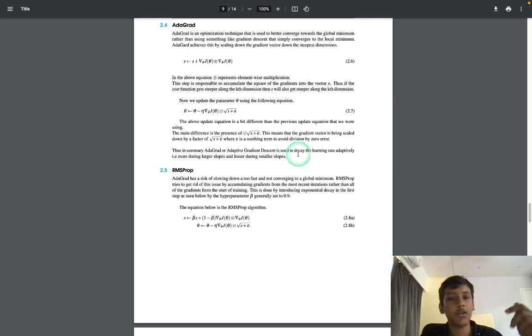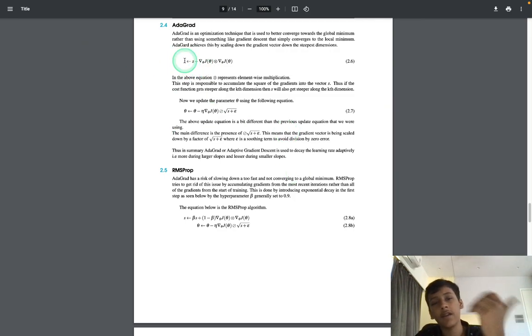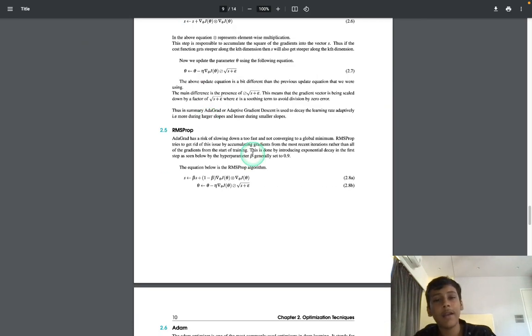This is the issue that Adagrad was having, because in this case s could get very, very large, and then that would mess things up, because the value of theta would become super small, and you don't want that to happen. So by adding a 0.9 hyperparameter, you are effectively reducing the size of s. An analogy would be that it adds a little bit of friction, though I don't think that's the best analogy.